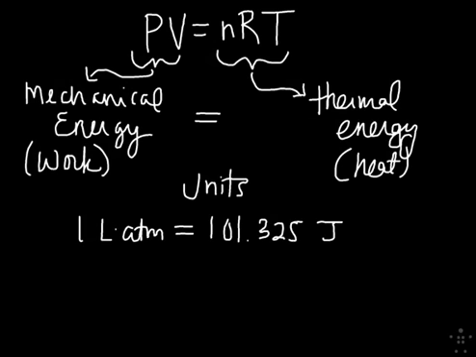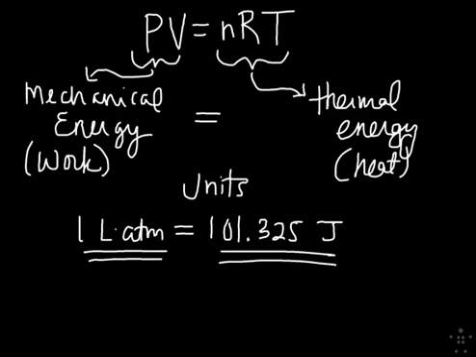That conversion factor is on your equation sheet, so you can always look it up there if you need it. And so we could get units of energy that are either liter atmospheres or joules.